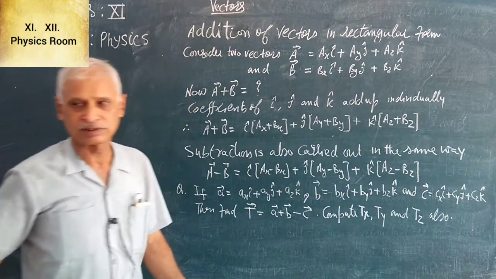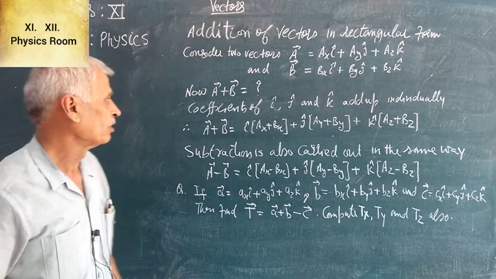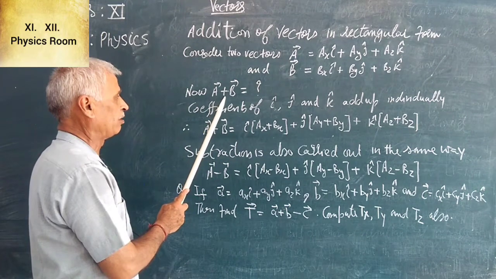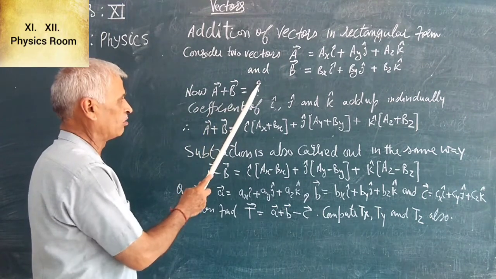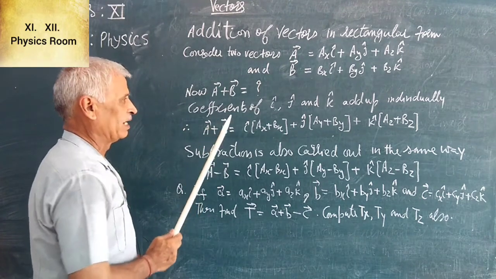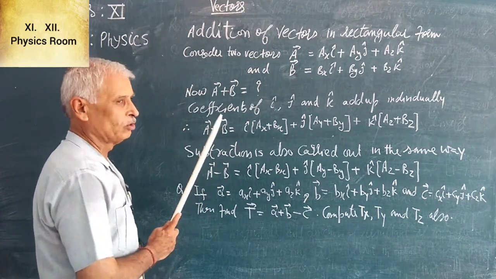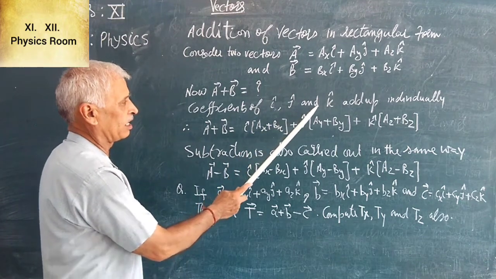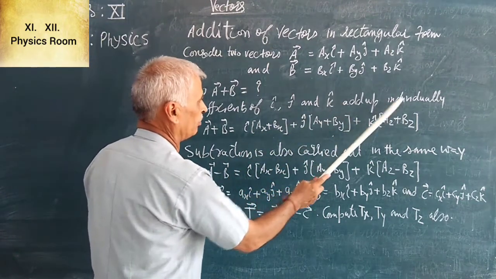These are two vectors which are expressed in rectangular form. Now we have to add them. Vector A plus vector B. We have to find out its result. Now the method is, coefficients of I cap, j cap and k cap are added up individually.